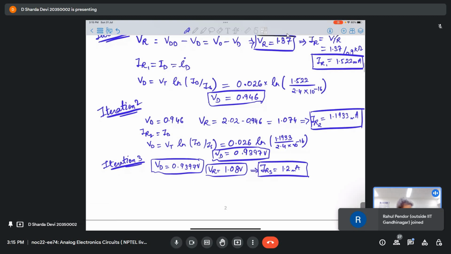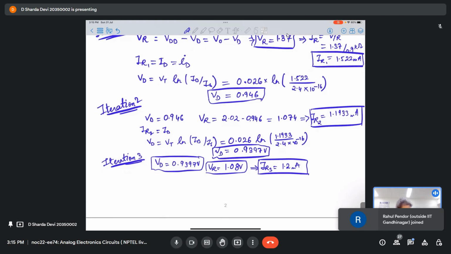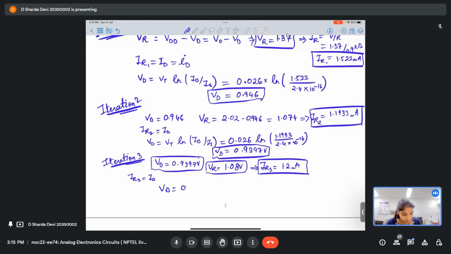With this 1.2 milliamps, let's reiterate and check whether we are getting the solution. So VD equals 0.026 ln of 1.2 by 2.4 into 10 to the power minus 16.